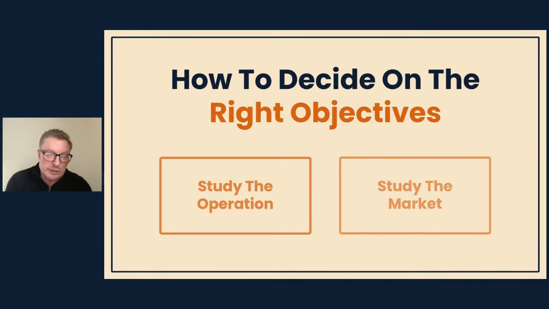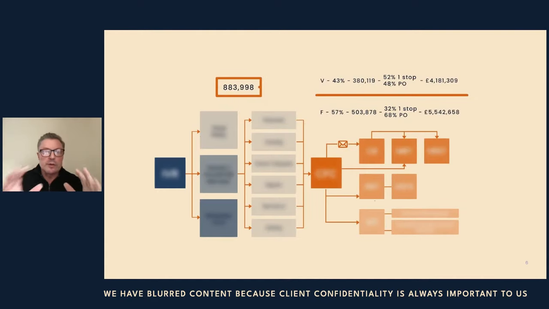And as such, they actually caused massive dysfunction in the business by setting targets around cost cutting, which made service worse and actually caused them to lose lots and lots of clients. So study the operation or study the market. Now, what do I mean? Let me give you an example of exactly how this works. So here's a call center system.